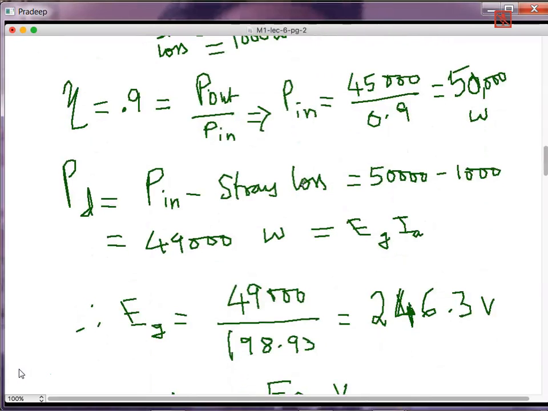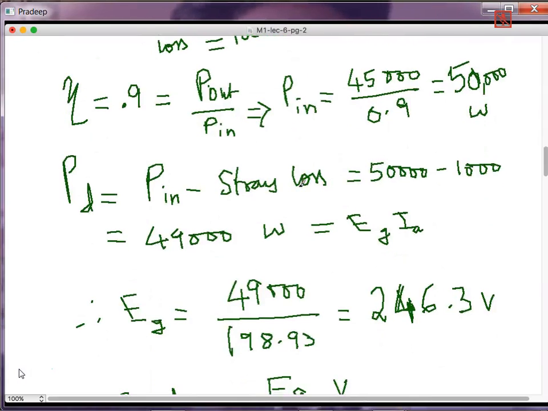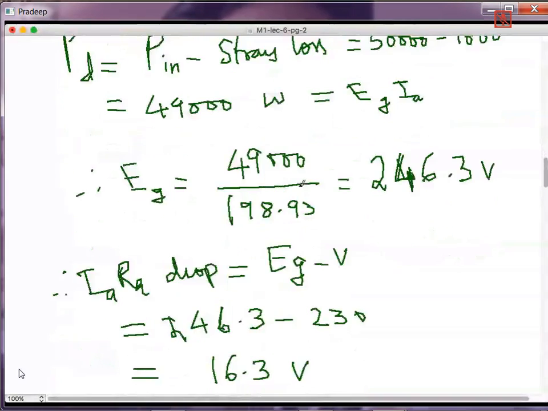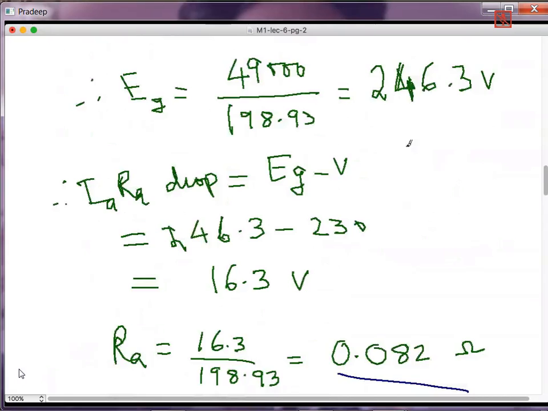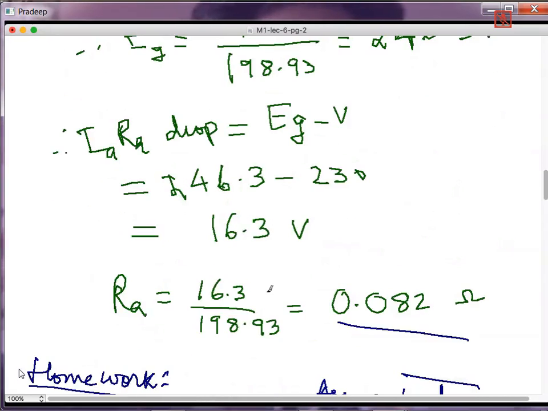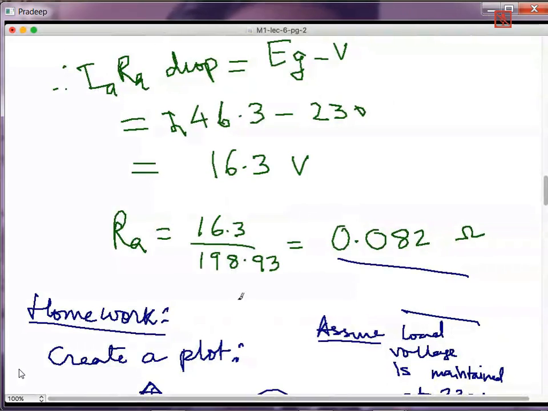We had done all these things in lecture 6, so if you refer to your notes, these things we have already done. So I can find out the generated EMF, I can find out the IaRa drop and all these things. Finally the resistance I got is 0.82. So this was one part of the problem.